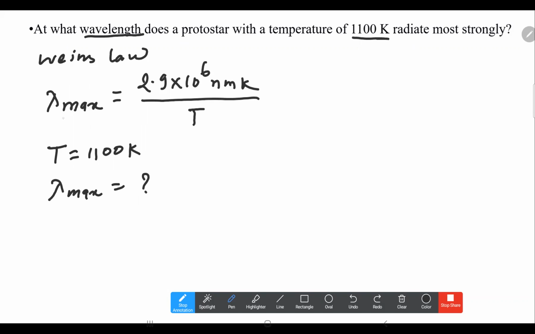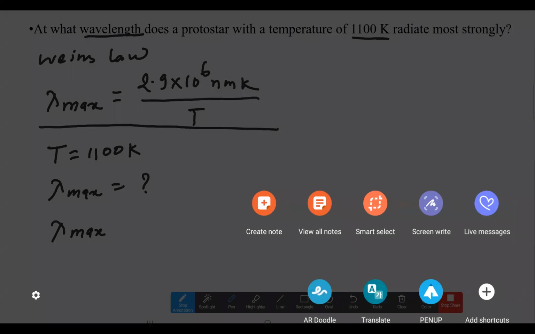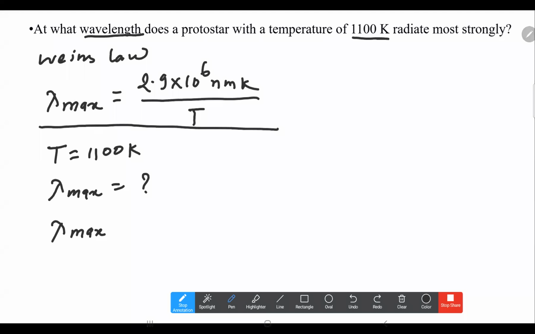We already have the relationship, lambda max equals this constant value, nanometer Kelvin, divided by temperature. If we insert the value of temperature in Wien's law, lambda max is equal to 2.9 into 10 to the power 6 nanometer Kelvin divided by 1100 Kelvin.